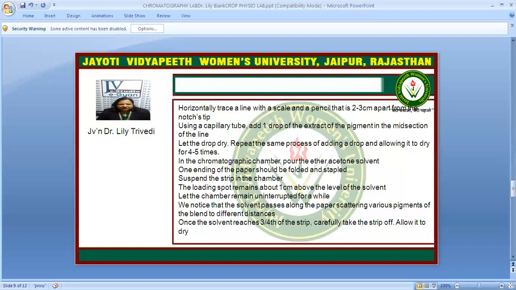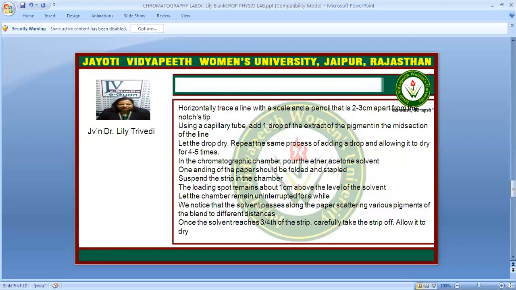In the chromatography chamber, we will pour the ether acetone solvent. One end of the paper will be folded and stapled so that it can be suspended as a strip in the chamber. Now the loading spot should remain 1 centimeter above the solvent. It should not dip in the solvent, and then we leave it for some time. And we notice the solvent traveling, scattering the various pigments to different distances.